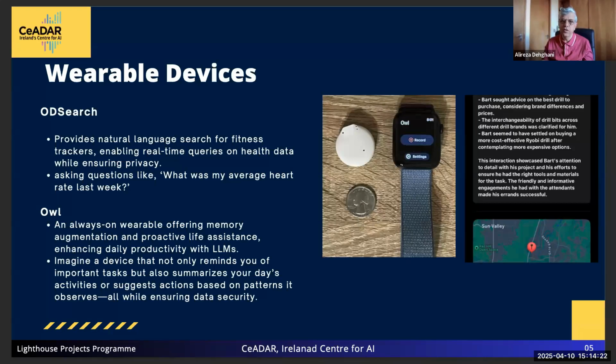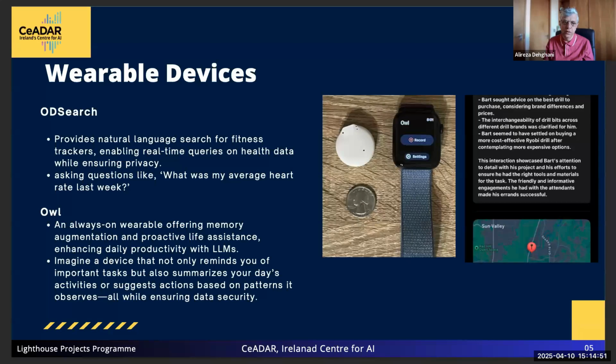OD search is an application that provides natural language search for fitness trackers, enabling real-time queries. So imagine you have a fitness tracker, okay? You have a device, one of these wristbands, and it collects a lot of information out of the activities that you do, right? And then traditionally, we used to have access to the raw data.